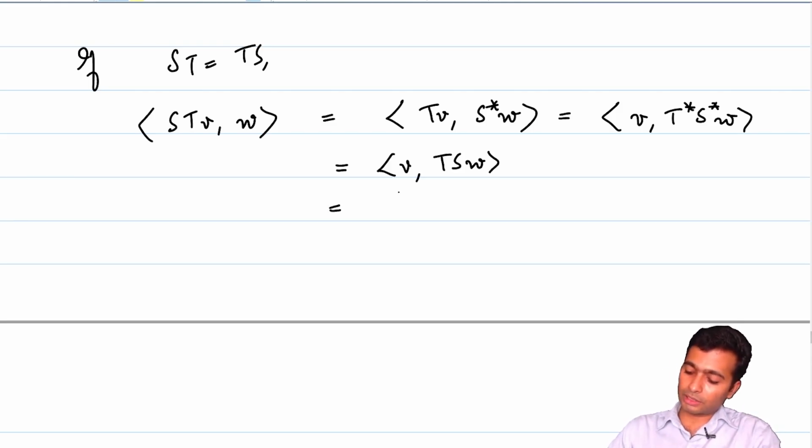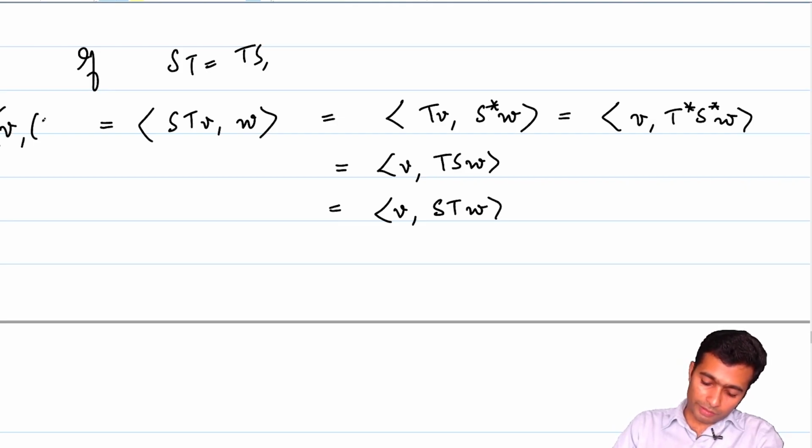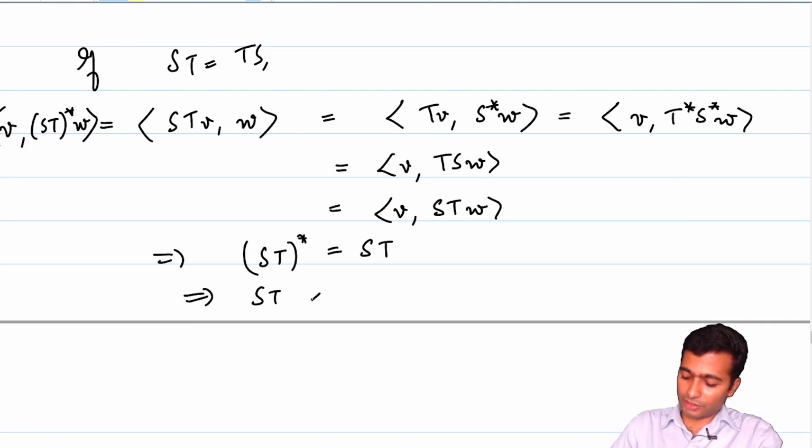But TS is equal to ST, which will imply that this is the inner product of V with STW. And what is this? This is just by definition the inner product of V with ST star W. This would imply that ST star is equal to ST, which implies that ST is self-adjoint. That completes our proof.